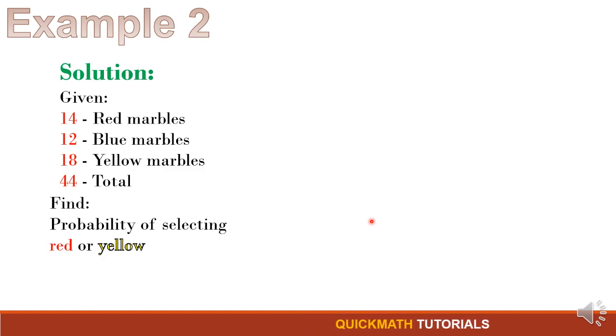So for our next step, we will identify if these two events are mutually exclusive or not mutually exclusive. To answer that, we will just look at the given. And as we can see, red marbles is different with blue marbles, and blue marbles is different with yellow marbles. Thus, we can say that these two events are mutually exclusive.